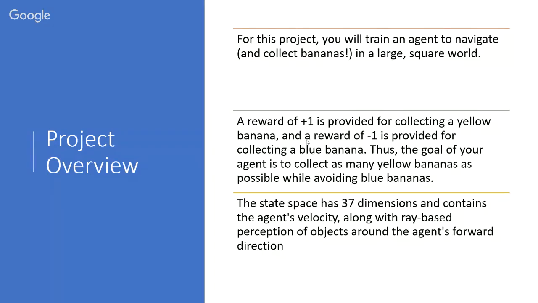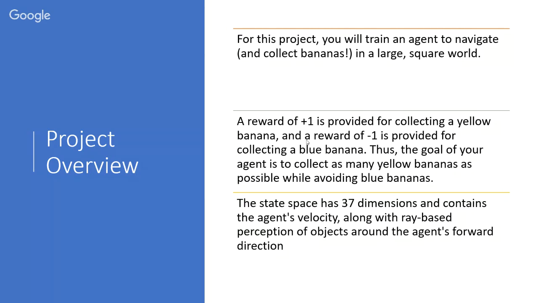Basically, your agent will cruise around or navigate around, and it will get a +1 reward for collecting yellow bananas, which it just needs to walk over, and a reward of -1 for collecting blue bananas. Thus the goal of the agent is to collect as many yellow bananas as possible while avoiding blue bananas. This is within a certain set time. The environment is episodic, so it will stop after a particular time.